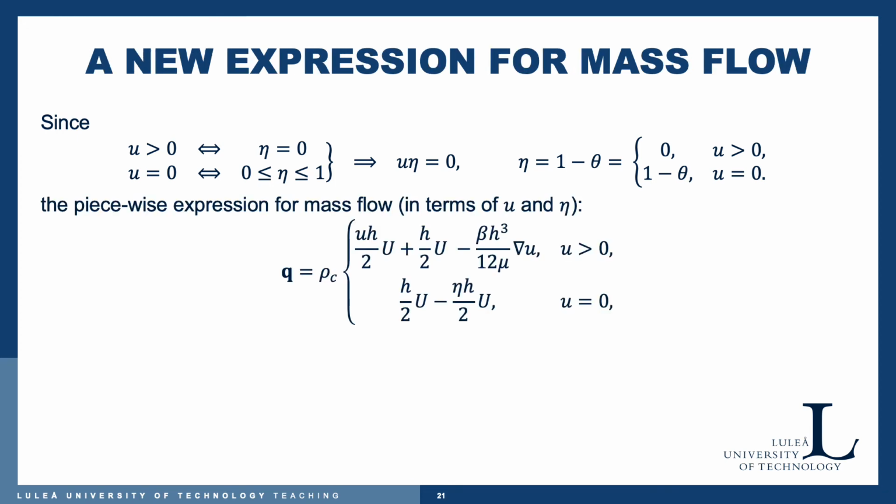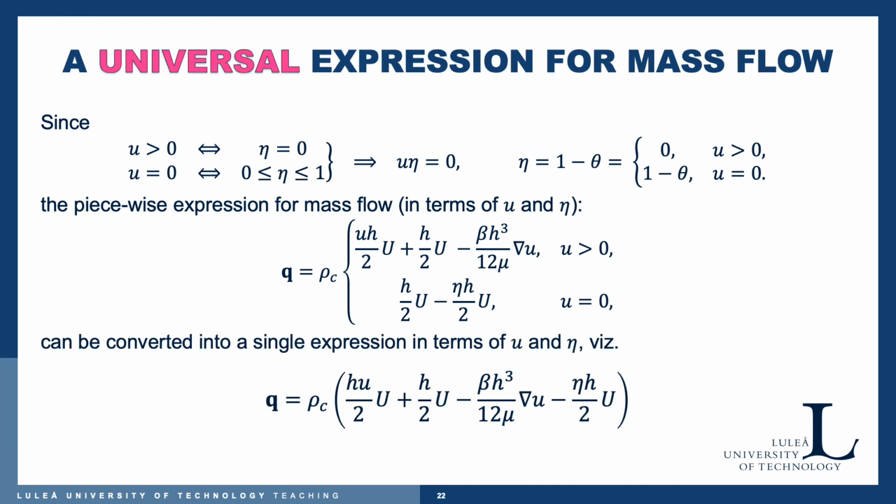Now the piecewise expression that we have for the mass flow in terms of u and eta can be converted into a single expression for the mass flow, as you see here. In the full film region, we have u larger than 0 and eta equal to 0, and therefore the last term is crossed out, and we have exactly what we had before in the piecewise expression above.